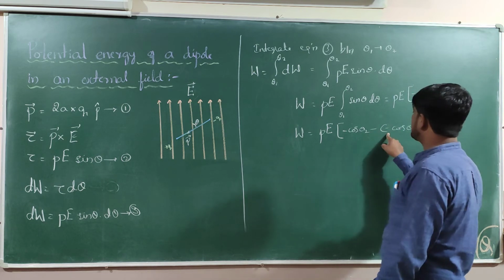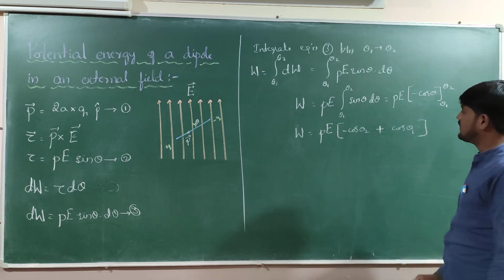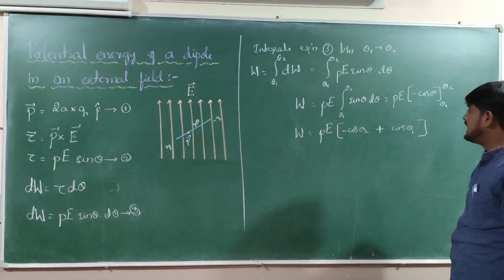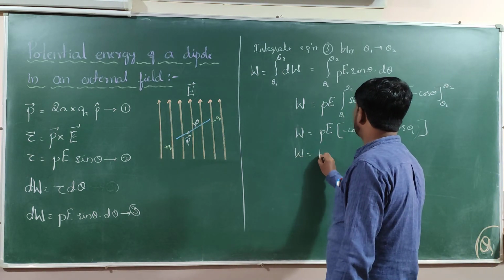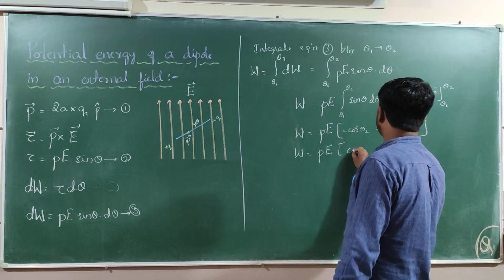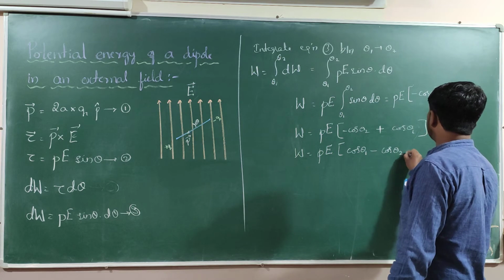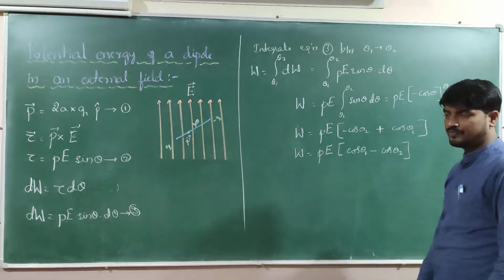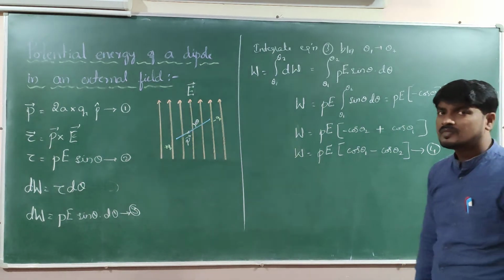Minus of minus becomes plus, so I write plus cos theta 1. Rearranging, W is equal to P into E into cos theta 1 minus cos theta 2. This is a very important equation, number 4.